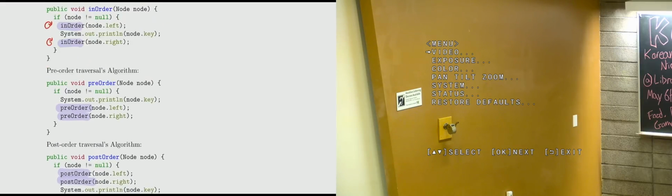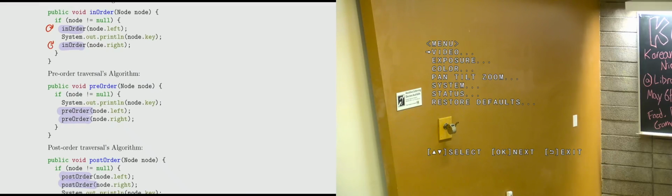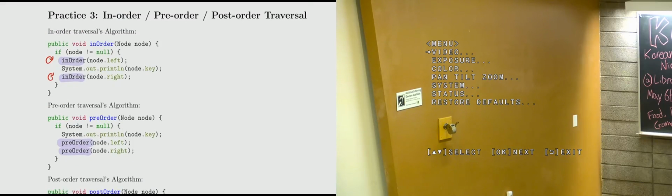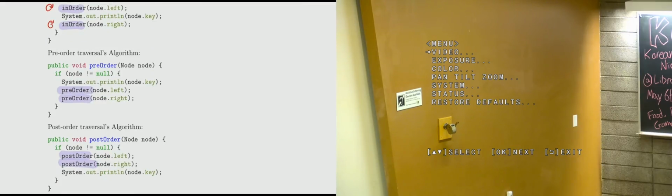So the most straightforward understanding of those 3 kinds of traversal is that in in-order, the visit is between the 2 recursive calls. And in pre-order, the visit is before those traversal calls. And post-order is just after.